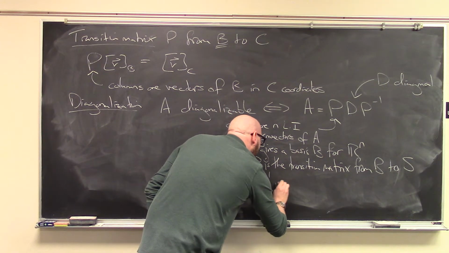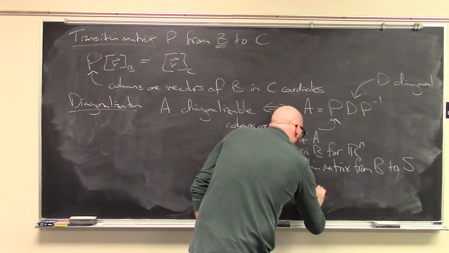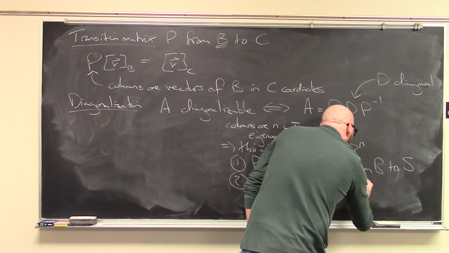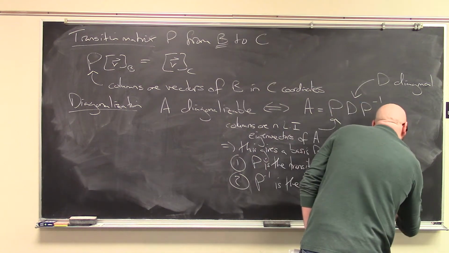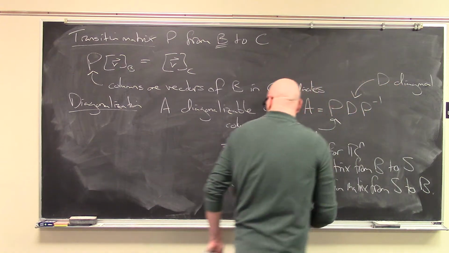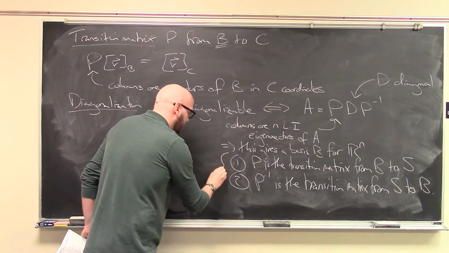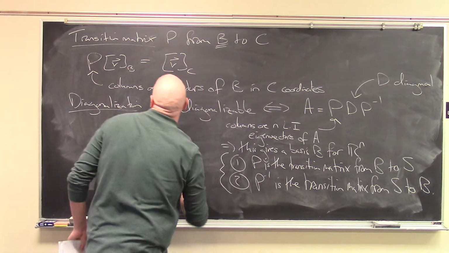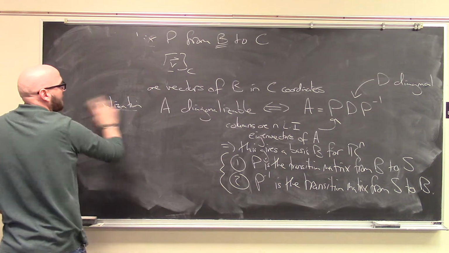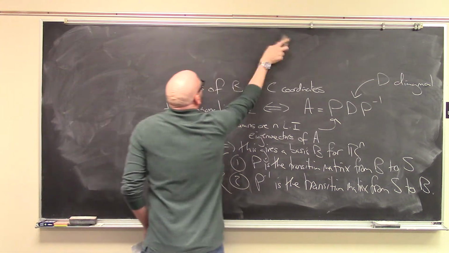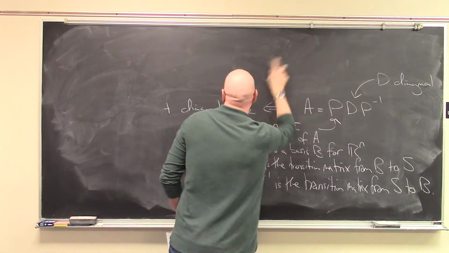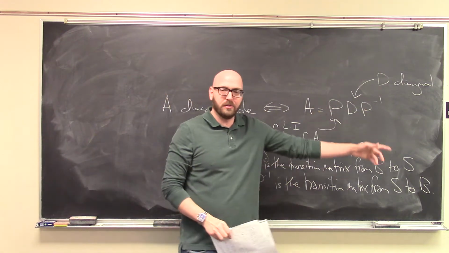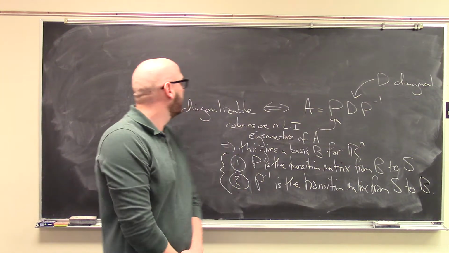So P inverse is the transition matrix from S to B. And the only new thing we've done today is really those two observations right there, thinking in terms of this matrix P and P inverse as a transition matrix.